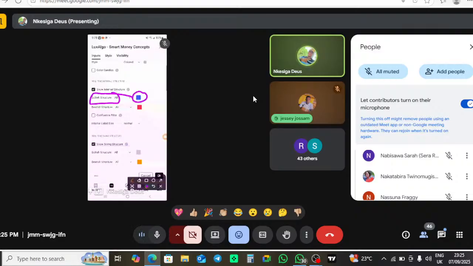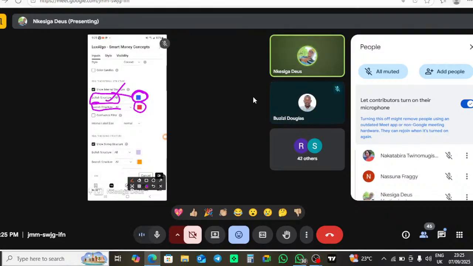That means wherever you see the blue on your chart, it will be representing bullish. Now here we have the bearish structure and the color is red. If I see a block of red, it will be representing bearish. That's what you need to know. I can choose any other color, but as long as I know what it represents, any color can work.